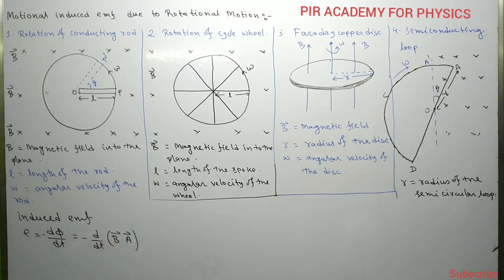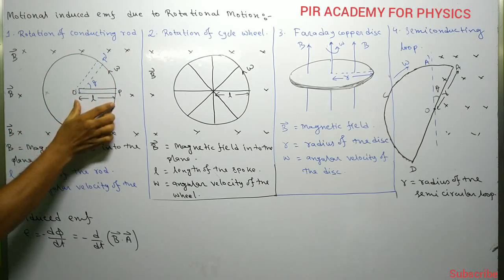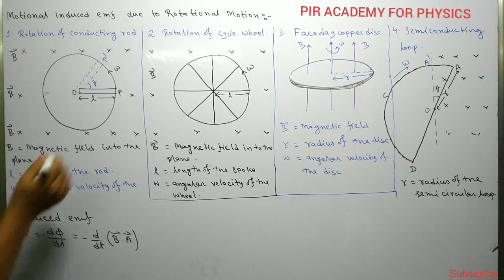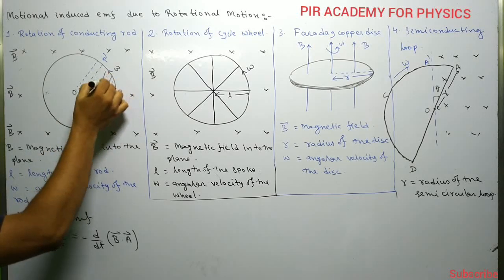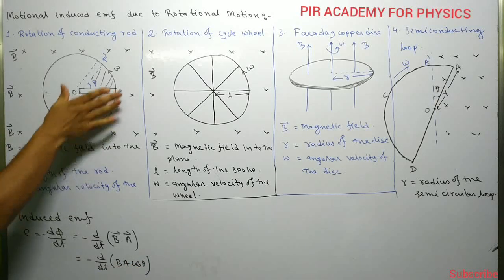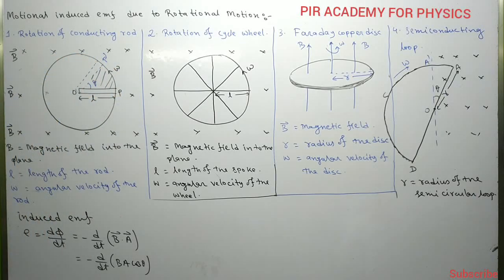This is the area swept by this conducting rod. The area swept by this conducting rod. Here you see minus d by dt of B A cos theta. Here theta is the angle between the area vector and the direction of the magnetic field.